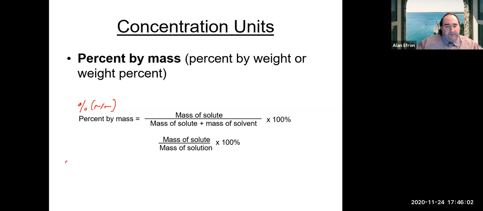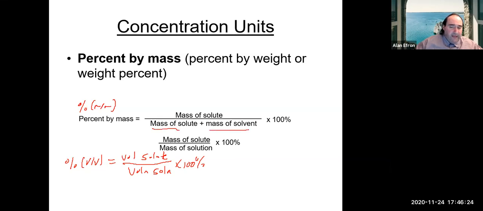We talked about percent volume to volume, which is our volume of solute over volume of solution times 100%. Remember that the mass of the solution, especially for this first one, is really important. You do want to make sure that you get both of those in there. Again, a lot of times they are given to you separately, in terms of the mass of the solute and the mass of the solvent.